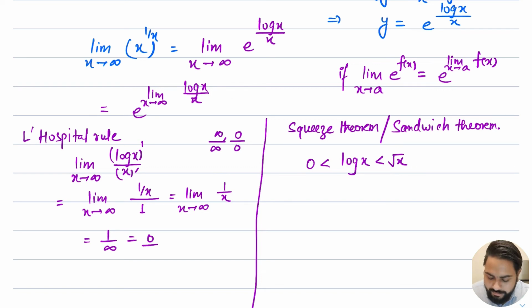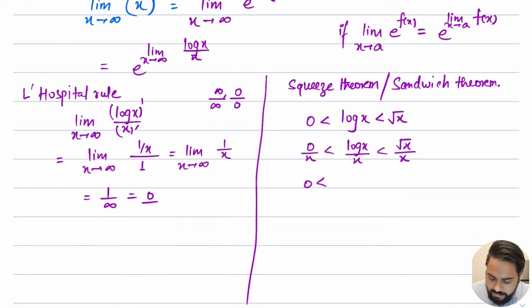Now we can construct the function here: 0 over x is less than log x over x is less than root x over x. Now we can write this as 0 is less than log x over x is less than 1 over root x, since the left hand function becomes 0, since 0 upon any number is 0. Now we just need to find the limit of this function.